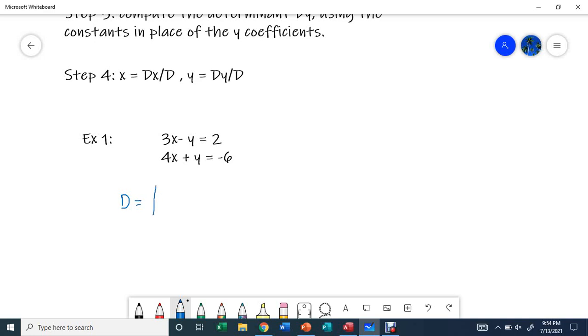So we have 3 for x, negative 1 for y, 4 for x, and 1 for y. So the determinant will be 3 times 1 minus 4 times negative 1. So I get 3 plus 4 equals 7. So that's the first step.